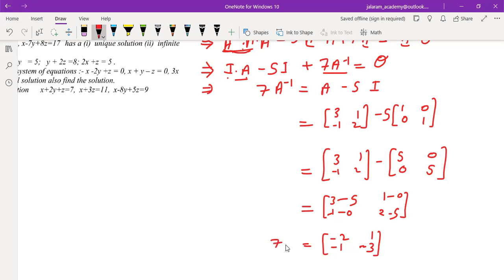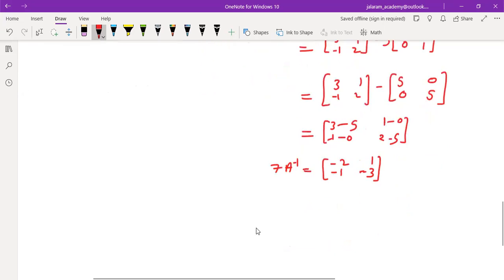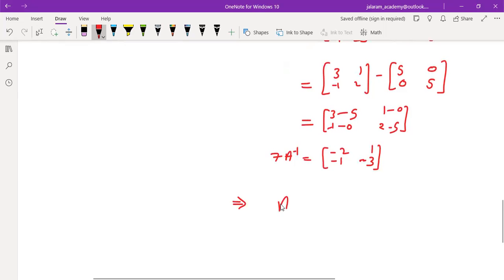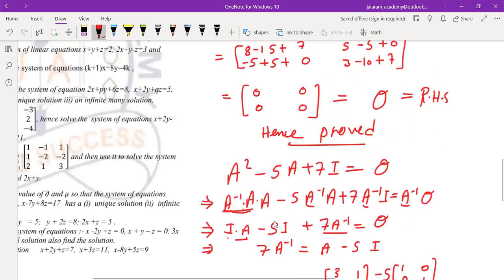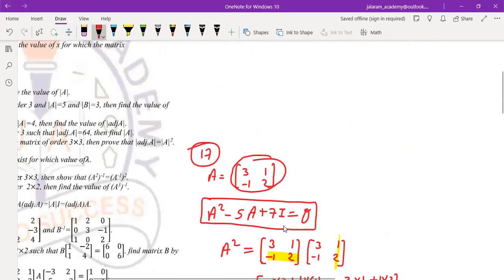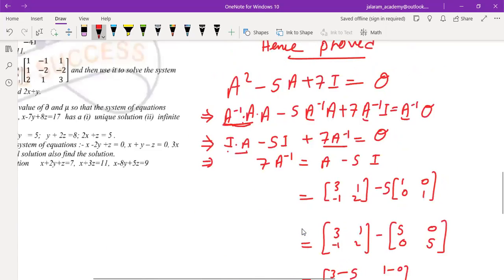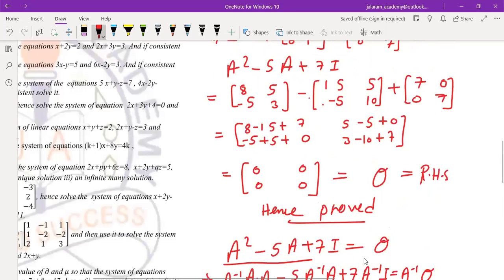And this is the value of 7A inverse. It implies A inverse equals to 1 by 7, 2, minus 2, 1, minus 1, minus 3. So this is the method when it is given that A square minus 5A plus 7I equals to O, and we have to find A inverse using this matrix equation.